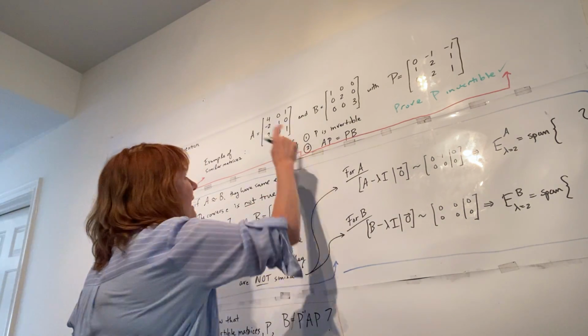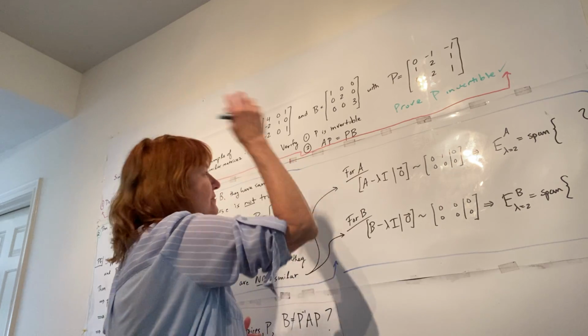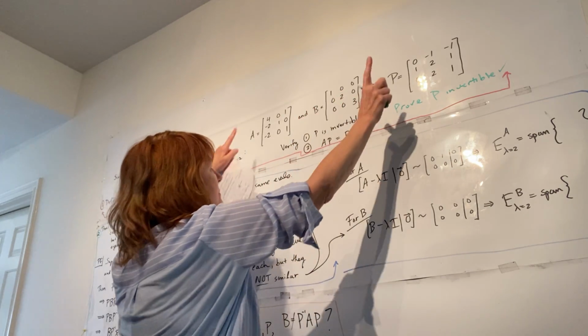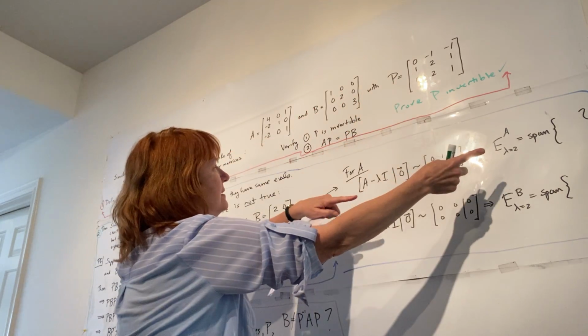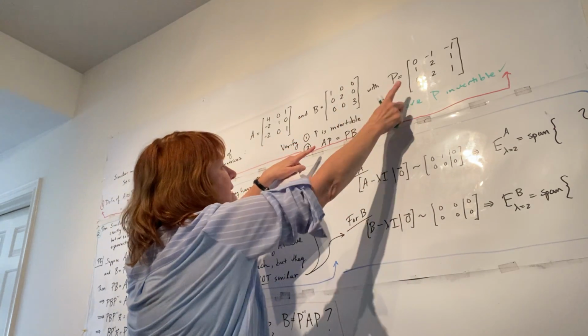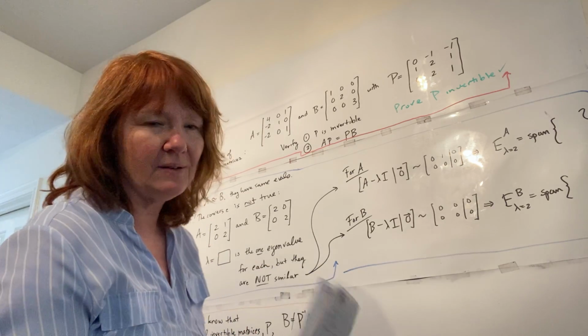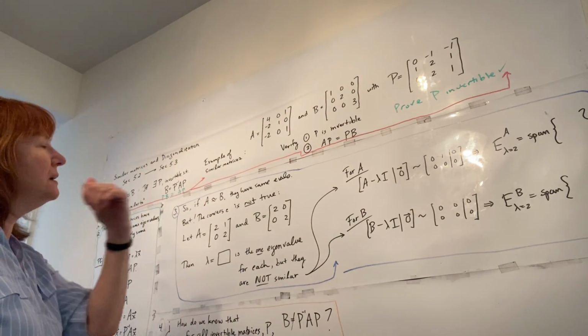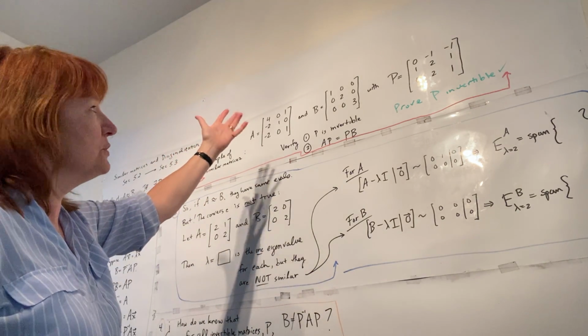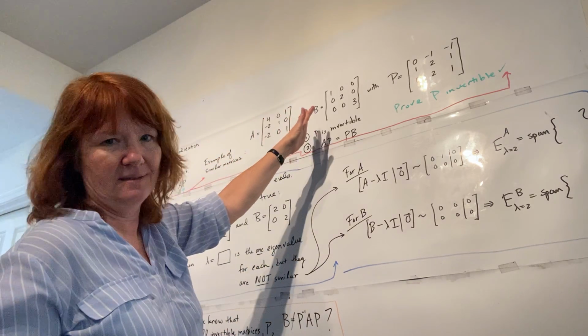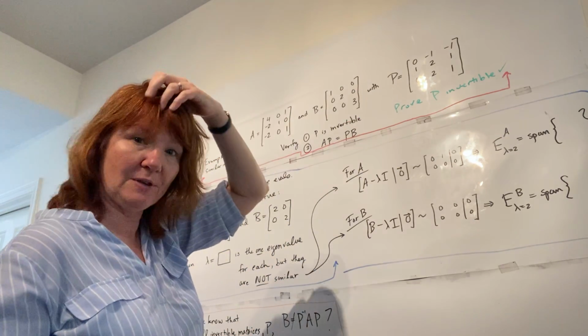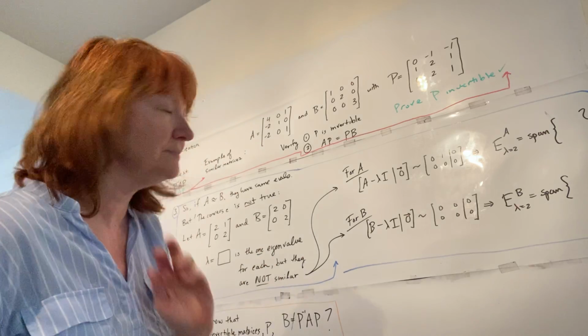Verifying that is just a matter of multiplying A times P, getting something, multiplying P times B in that order, getting something, and showing that they're equal. So if you had to verify, true or false, are A and B similar using this matrix P, that's a way of doing it.